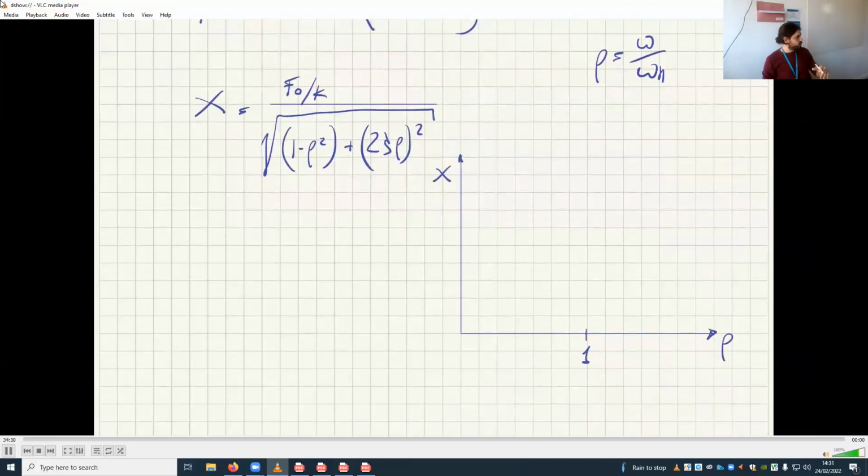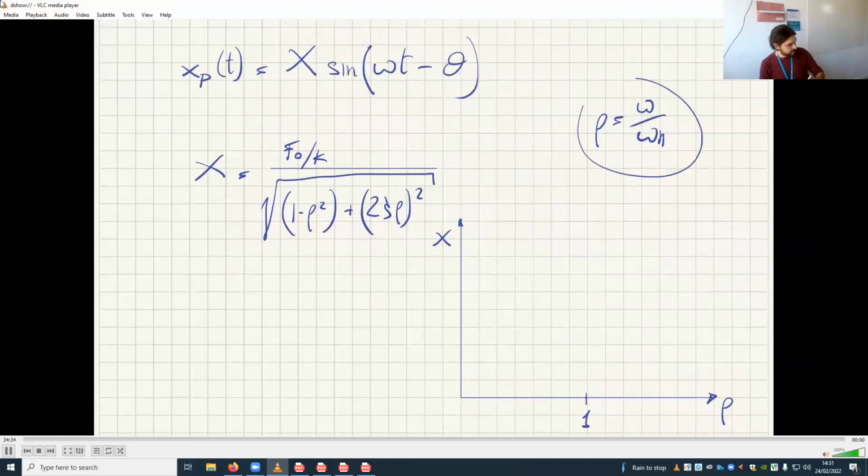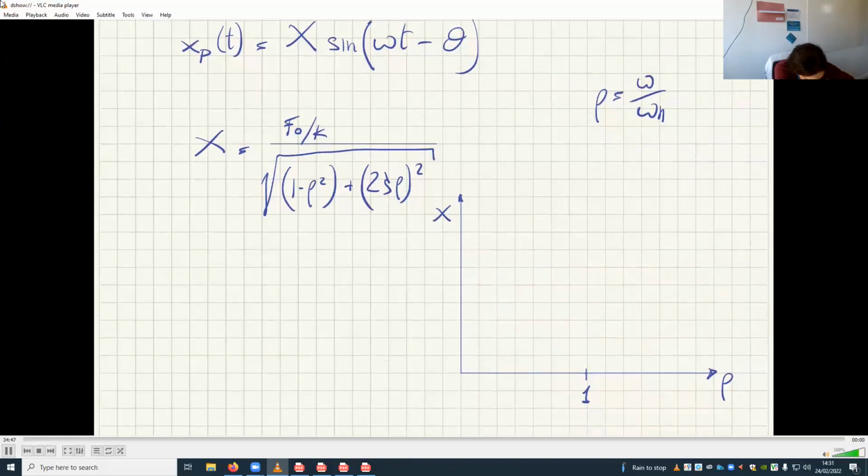Rho equal to 1 means omega equal to omega n. See what I mean? So when the external agent is forcing the system at the natural frequency, we say we are at resonance. It's a bit more complicated than this, and I'll show you why now. So this will look like this.